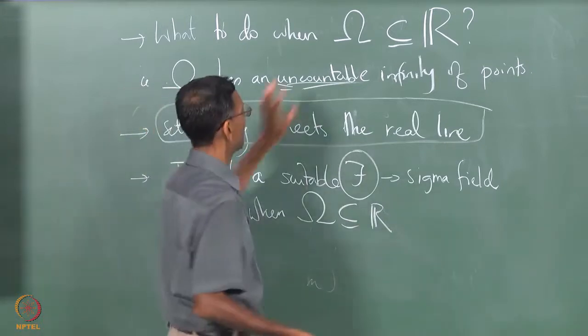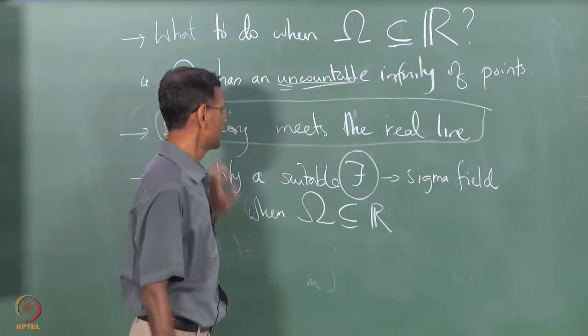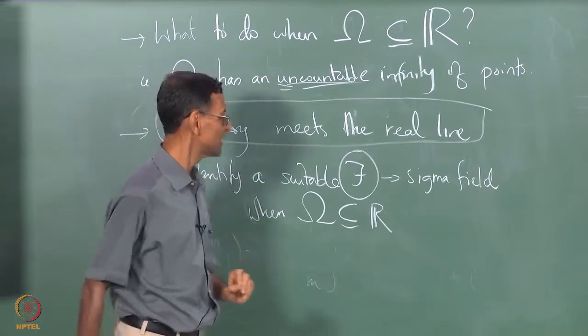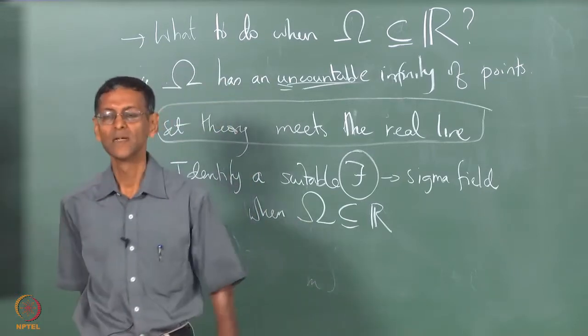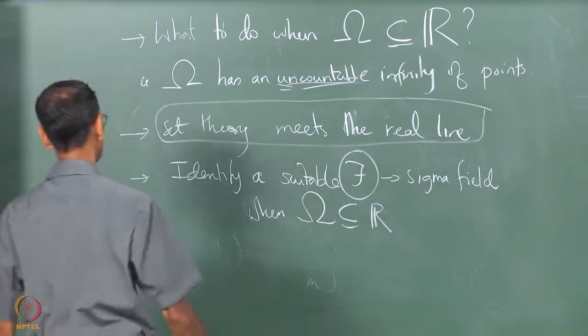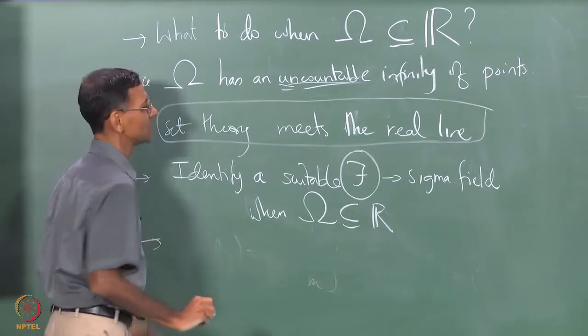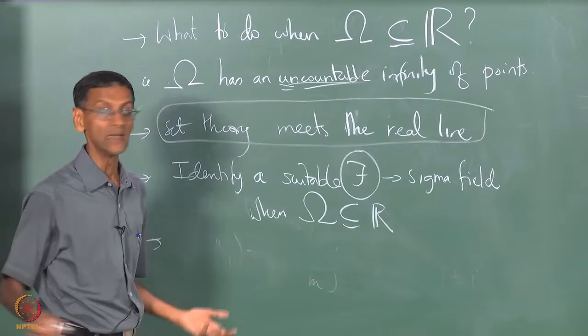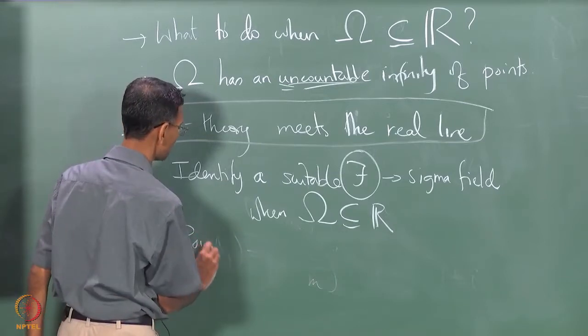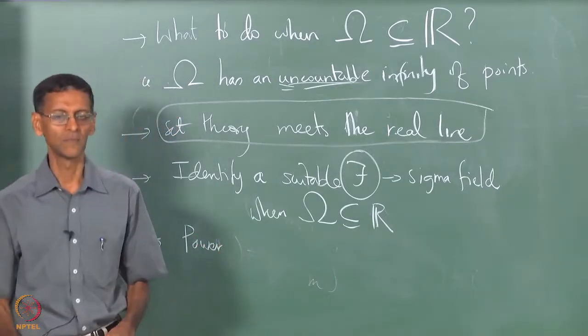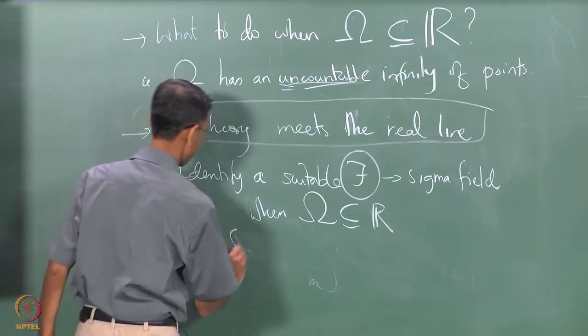So, that is the omega. What is the suitable sigma field for such cases? The answer is you cannot use the power set of such an omega, it is too big. Again, this is a deep result in maths and I am not going to give any justification for this.